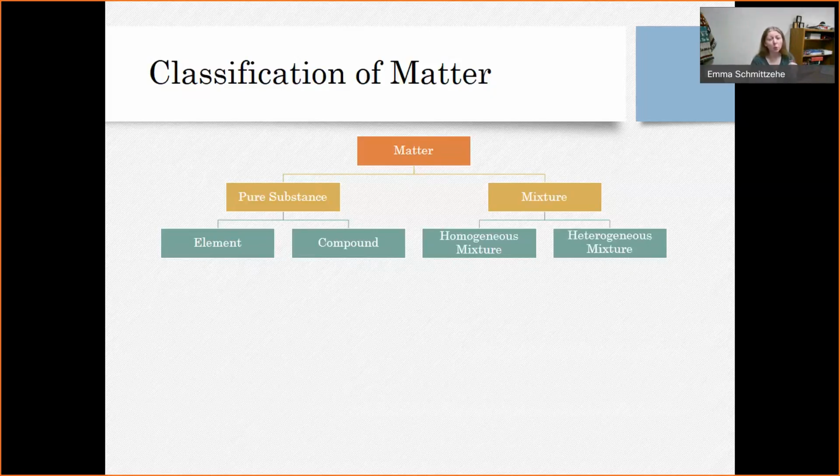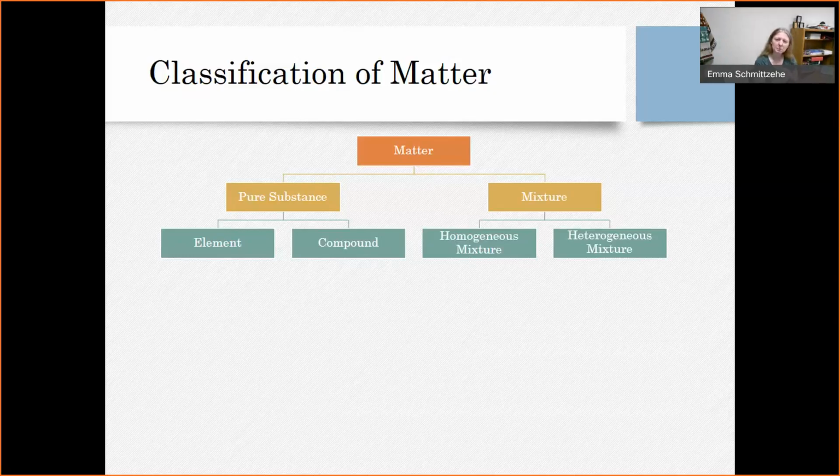Homogeneous, it's going to look like one thing. Heterogeneous, it's going to look like more than one thing. But also, if you took multiple individual samples of a homogeneous mixture, the composition should stay constant. It still has the same proportions of things.